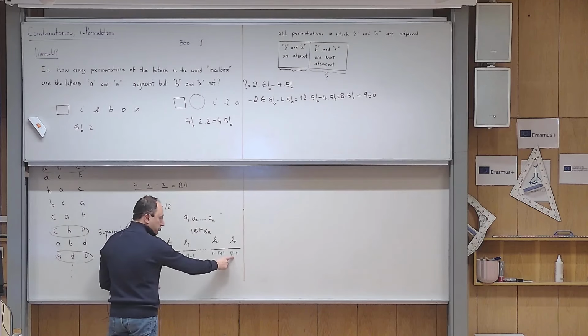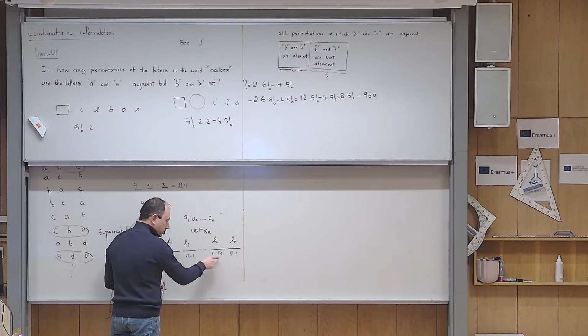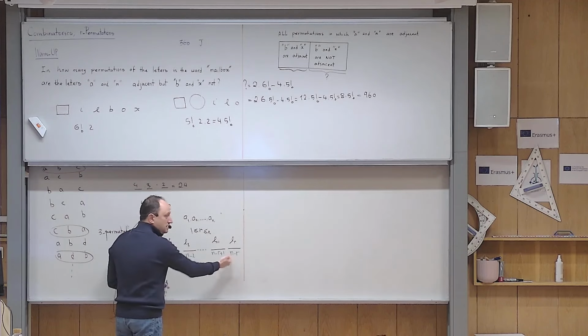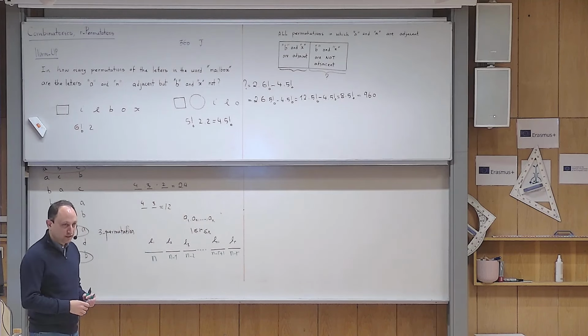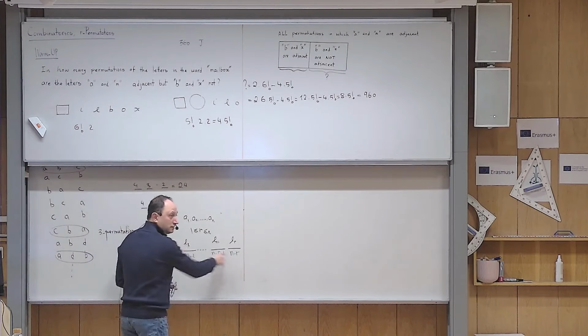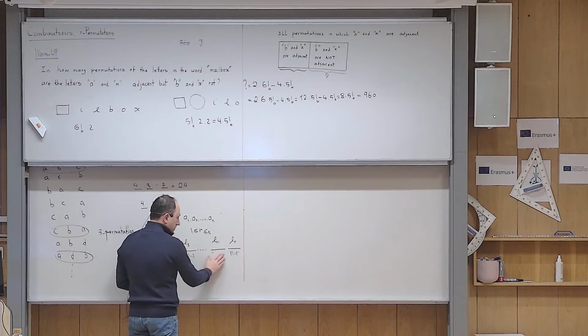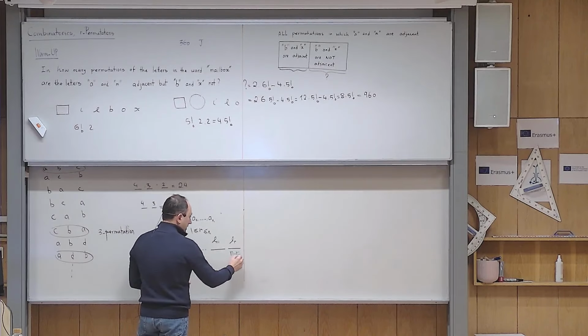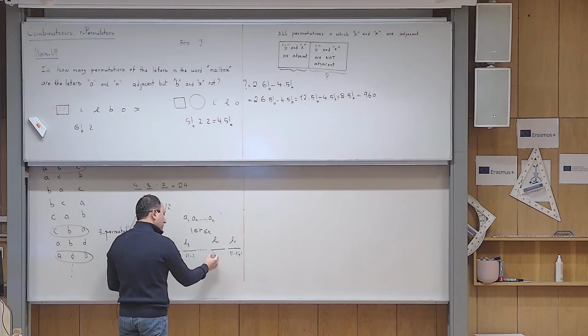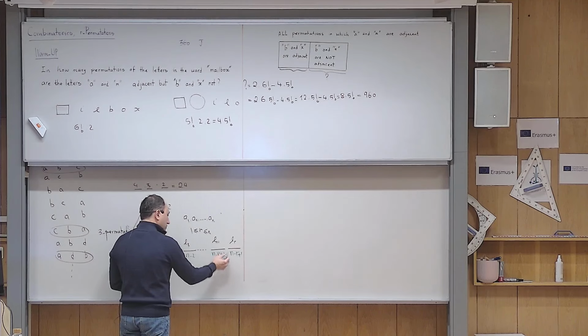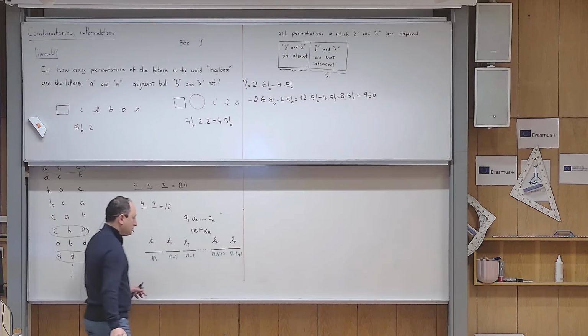So if your guess for the last one is this, then definitely your guess for this one should be this. Yes, that's correct. But this is not correct. What is the correct one? Yes? n minus r plus 1. Yes, this should be here. So I will clean this, and then I would write this is n minus r plus 1. And then the next one, of course, becomes n minus r plus 2.